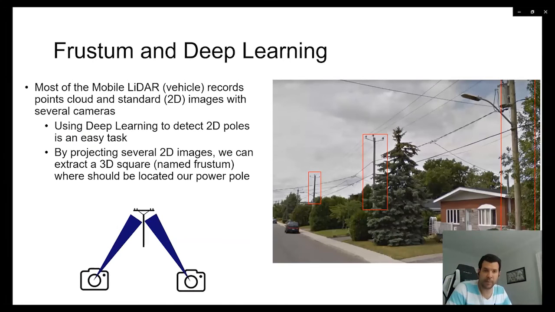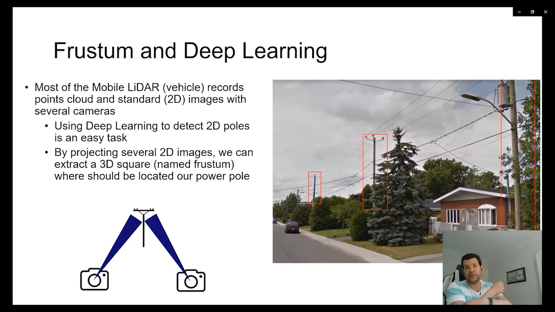You've probably heard about deep learning algorithms that are really strong at detecting objects in 2D images. So we started using a deep learning architecture in order to detect poles in 2D images, and you can see the result on the right side.